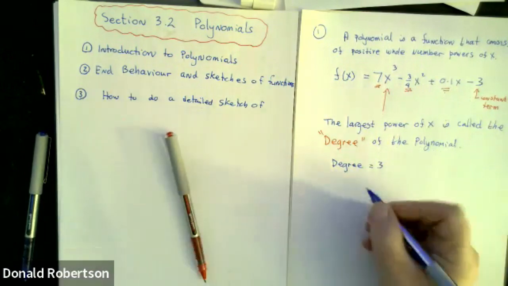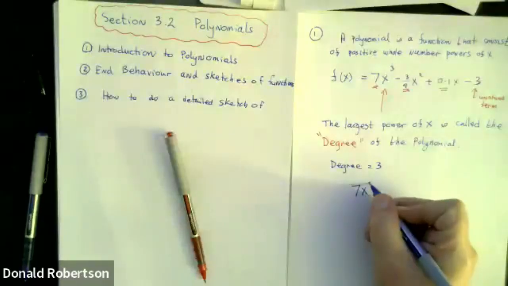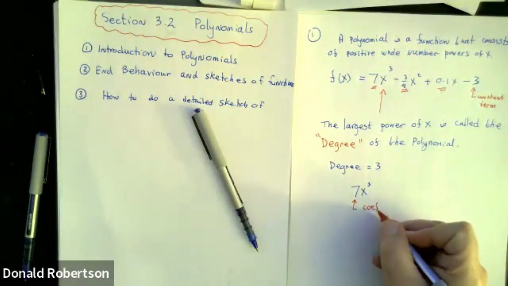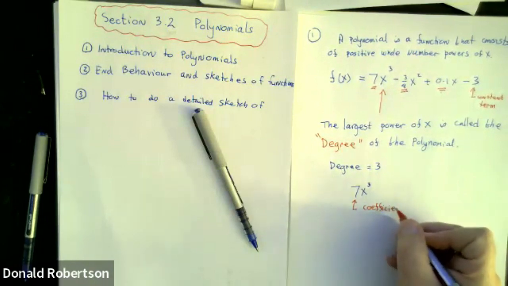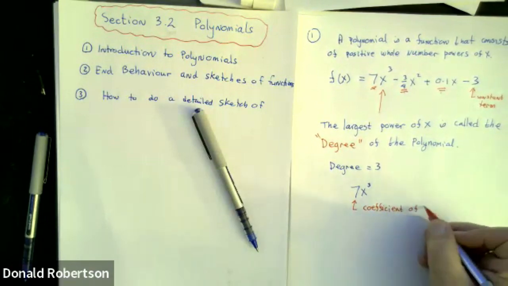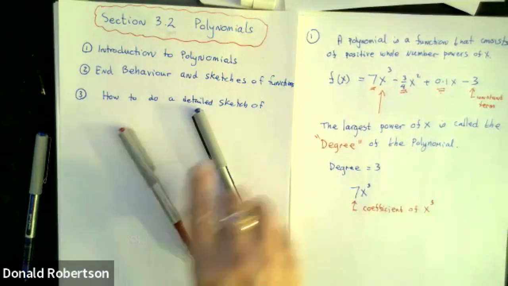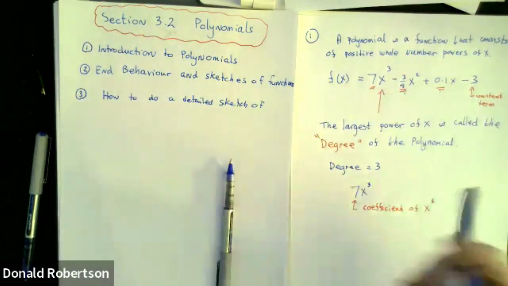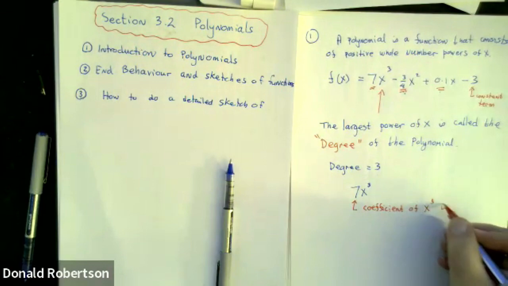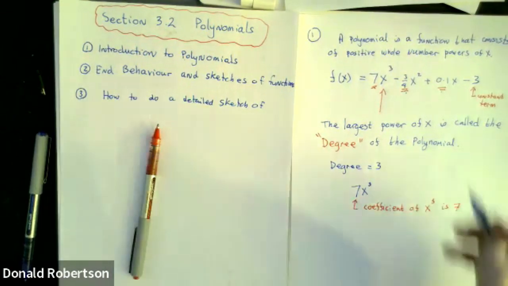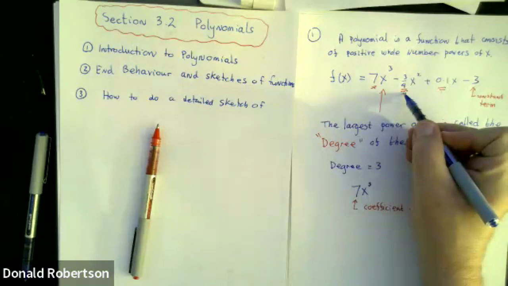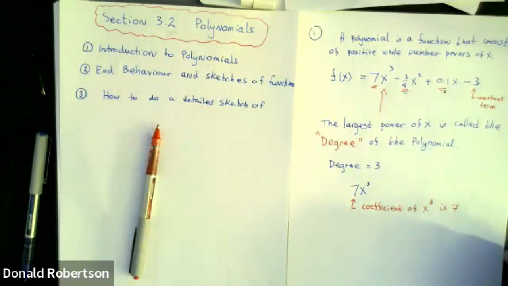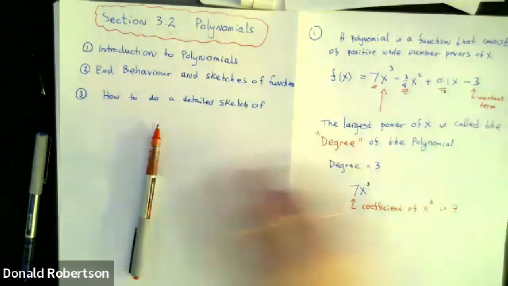So for instance, the 7 that is part of 7x cubed, we call the coefficient of x cubed. We'd say the coefficient of x cubed is 7, just a number. Here we would say the coefficient of x squared is -3/4. Here we would say the coefficient of x is 0.1. So there's some terminology to get used to.